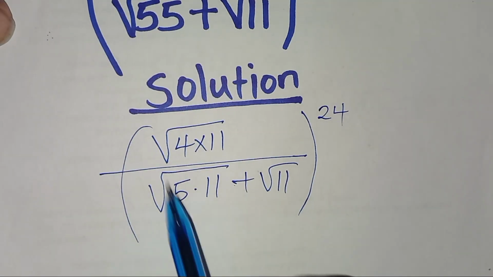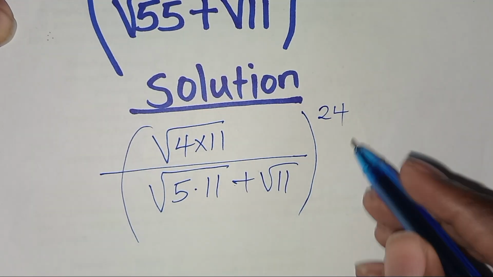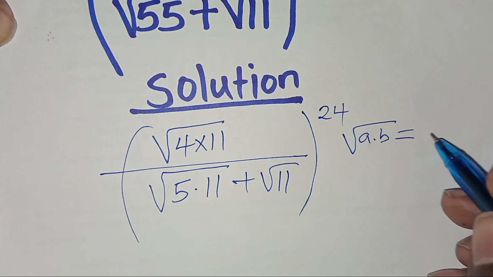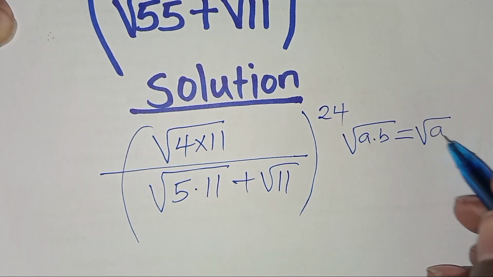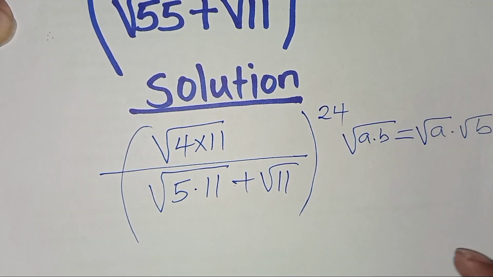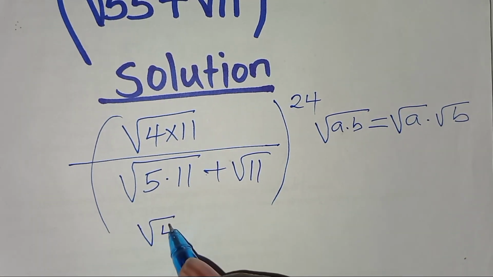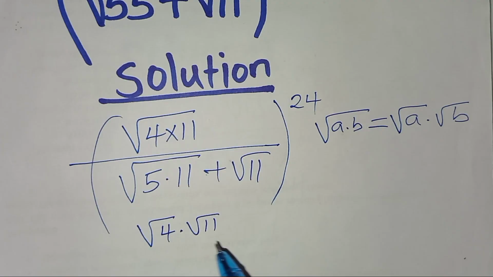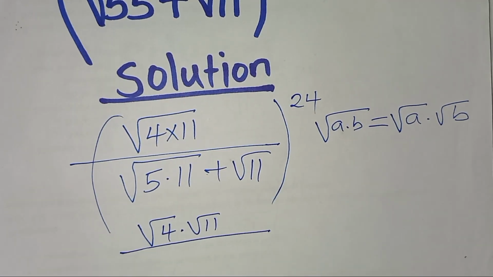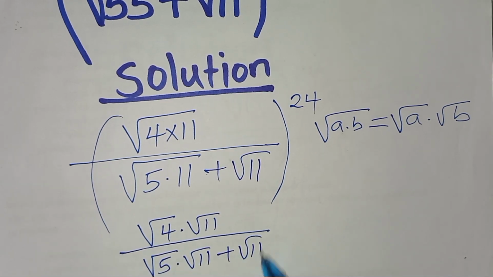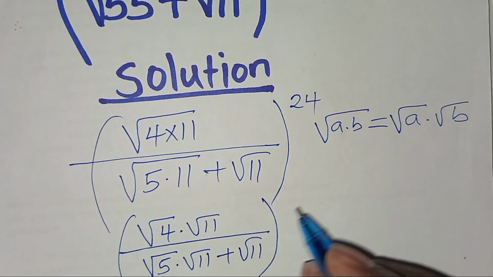Now the square root of 4 times 11 is in the form of the square root of a times b, which we can express as the square root of a times the square root of b. Applying this property, we have the square root of 4 times the square root of 11, divided by the square root of 5 times the square root of 11 plus the square root of 11, all raised to power 24.